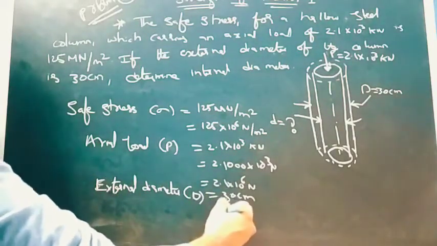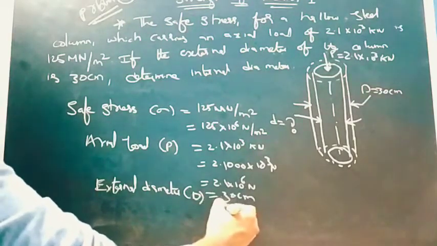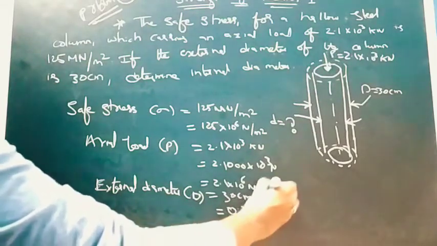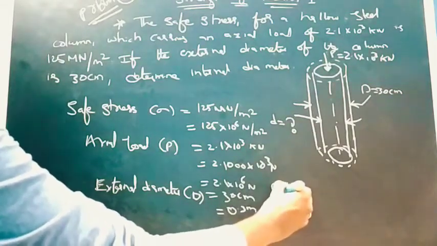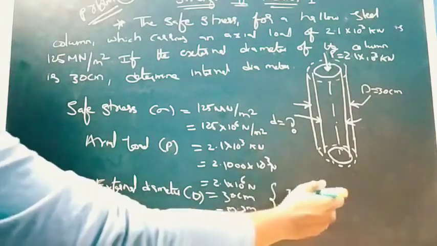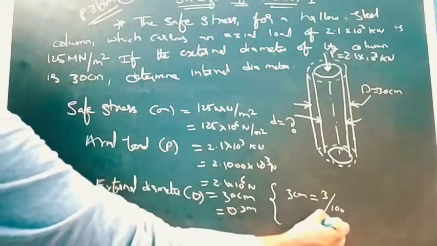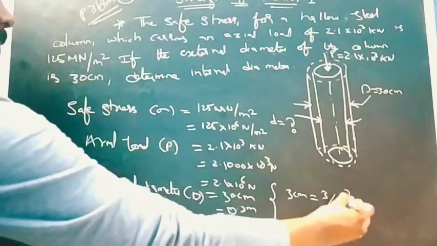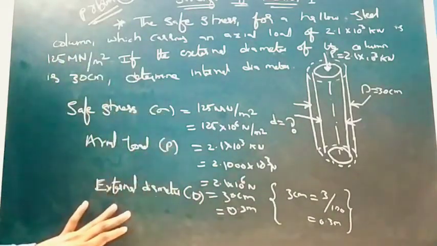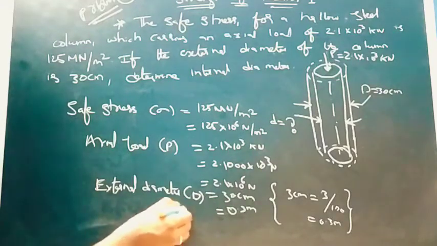Converting this into meters, 100 centimeters equal 1 meter, so 30 upon 100 gives 0.3 meters. So this is all about the given data. We need to determine small d.